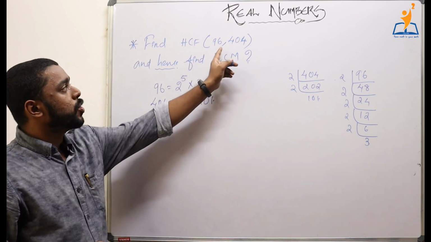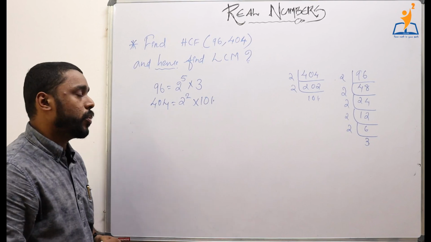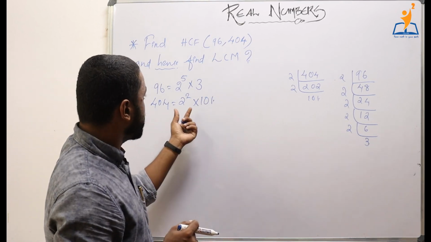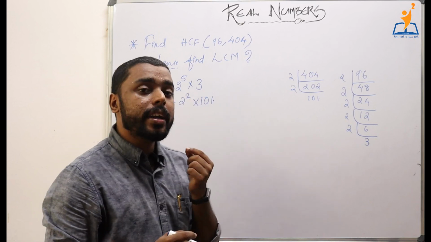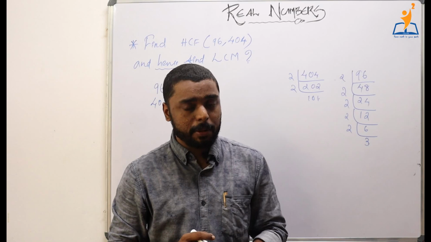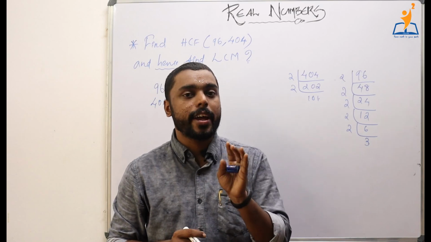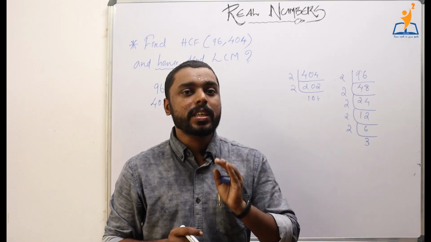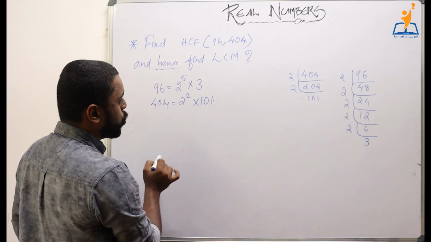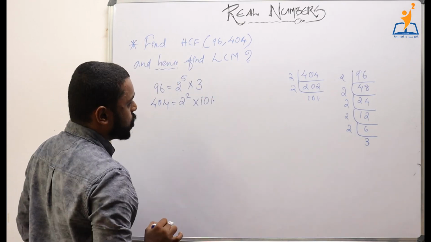Now we are asked to find the HCF of the two numbers. In the previous section, we studied that to find the HCF of any two numbers by the prime factorization method, it is enough to find the product of the smallest powers of common primes. Here the common prime is 2. 3 is not common, 101 is not common.